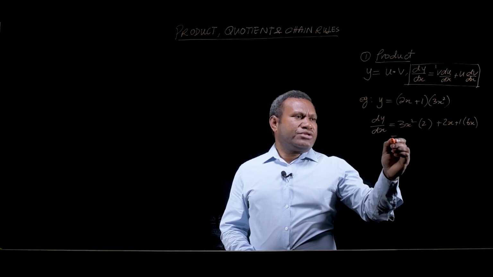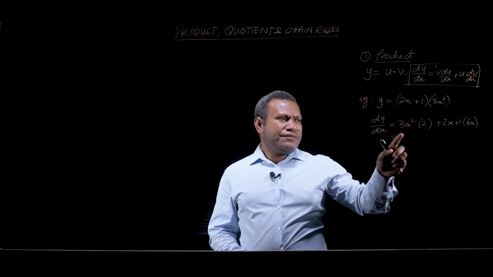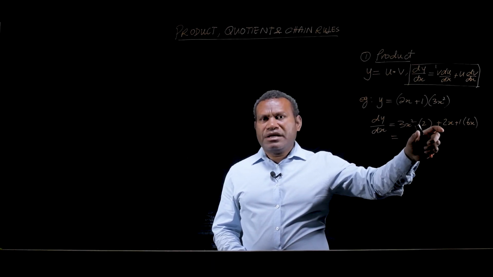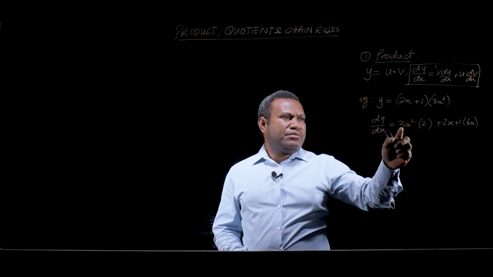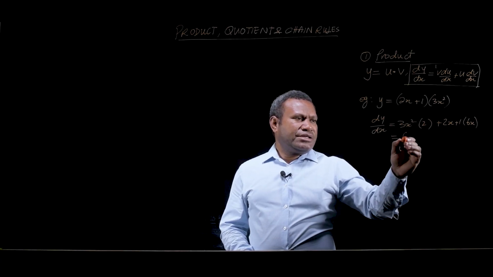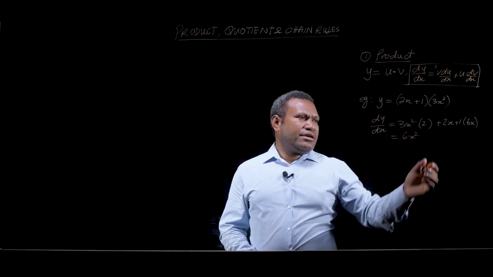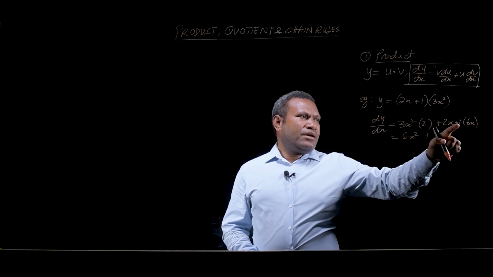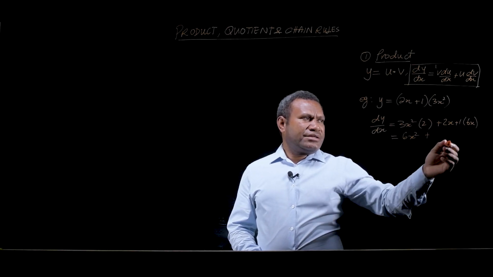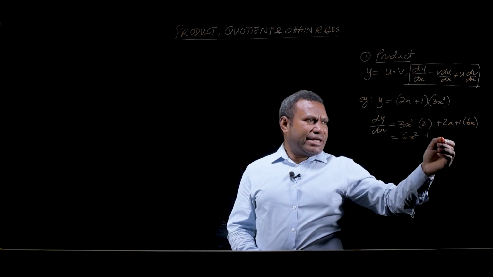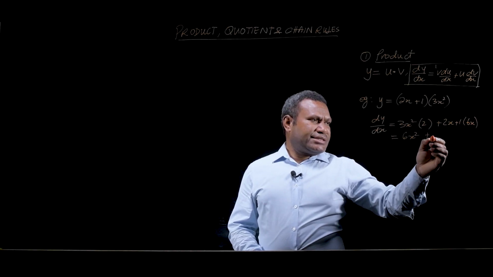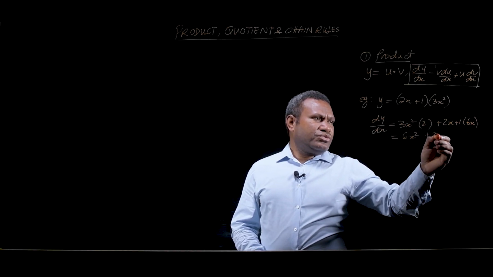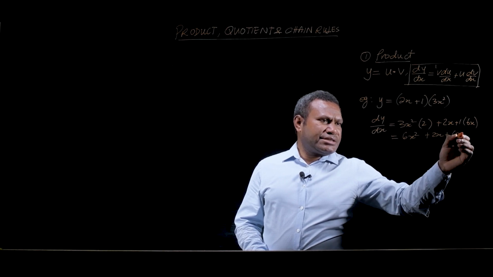The rest of the process is you just have to multiply and then collect terms. So 2 multiplied by 3x squared will be 6x squared, plus 1 times 6x is 6x, plus 2x times 6x.